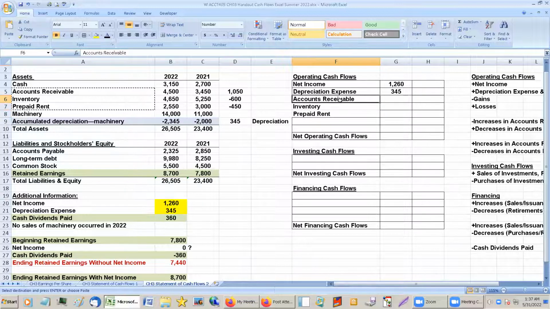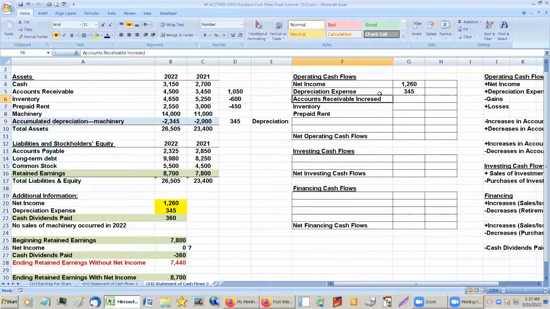Okay, accounts receivable increased, so cash will go down. In case you're wondering, that is not highest bill increased.